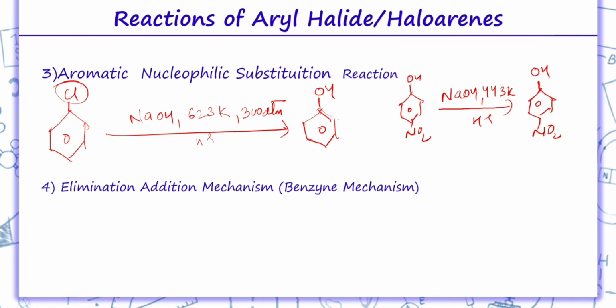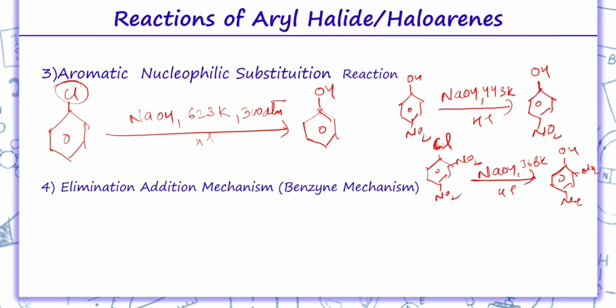Similarly, if nitro groups are attached at both ortho and para positions, NaOH at 368 Kelvin, the temperature is decreased again. Only the Cl is substituted by OH and the NO2 groups remain the same.